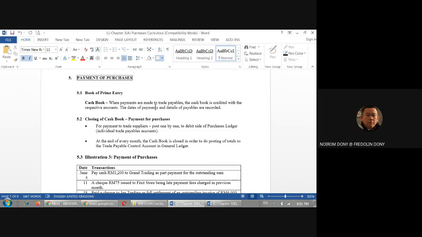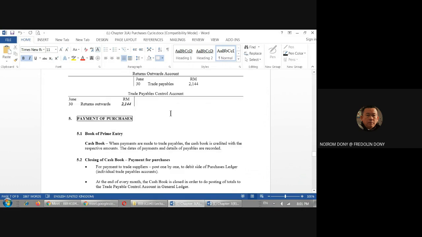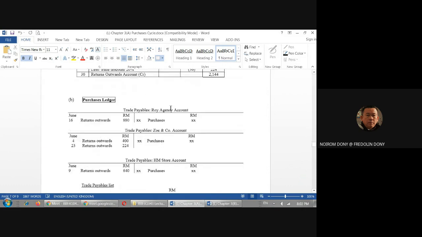So you open up, the prime entry will be the purchases journal. Remember, in the purchases journal, the purpose is to do listing. So we do it in a columnar format, like what we have here.